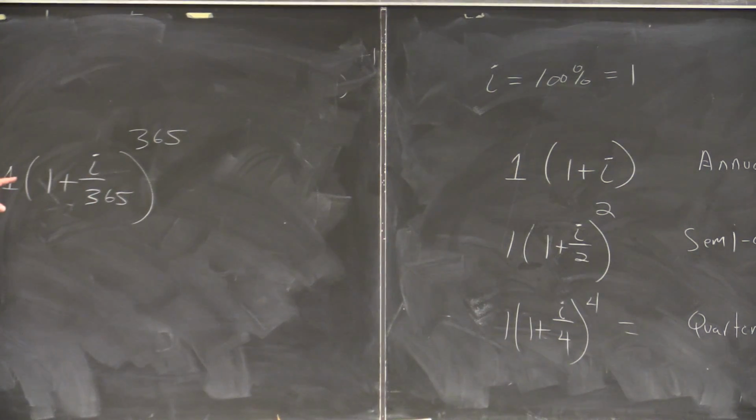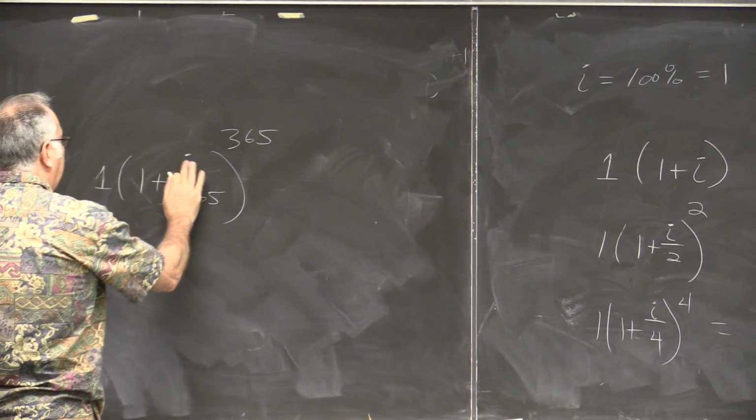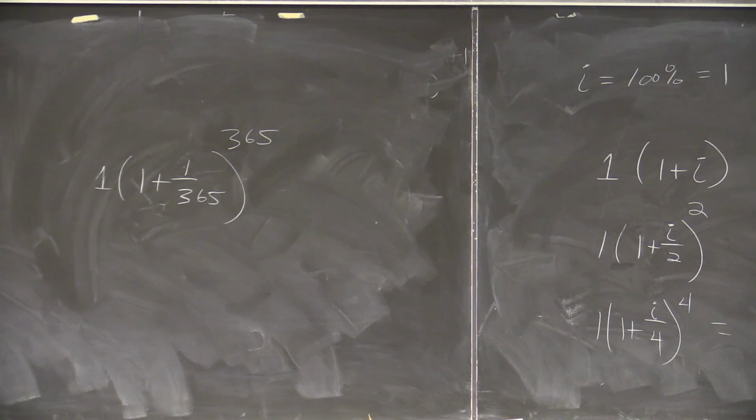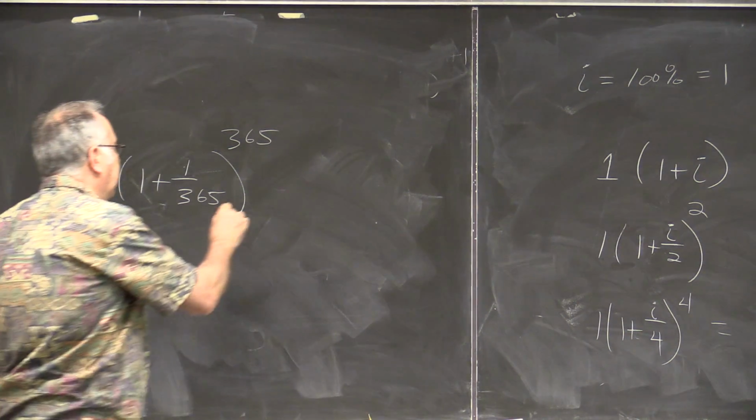Then what would these expressions reduce to? This would reduce to 1 plus 1 over n, to the n. And what is this getting close to? What is this expression right here? Very close to? Yes, this is approximately e.